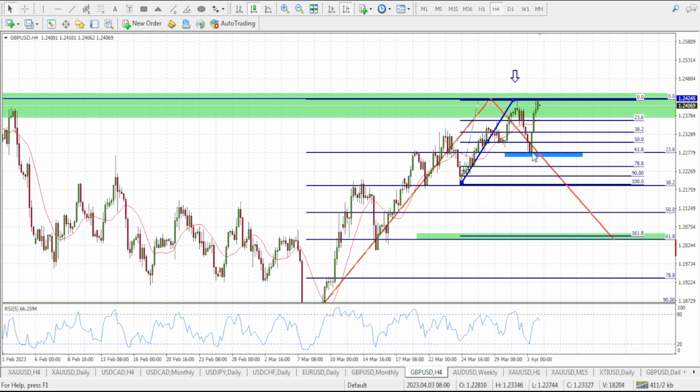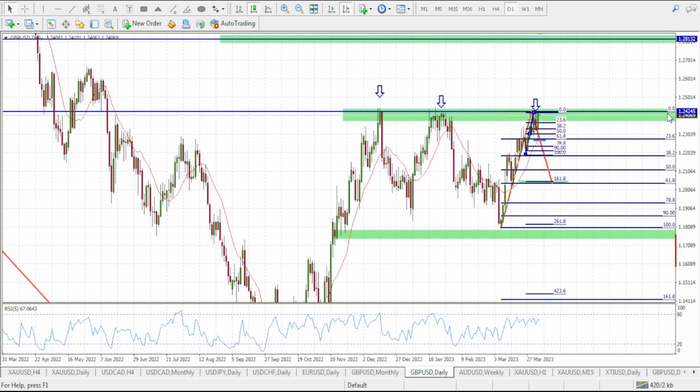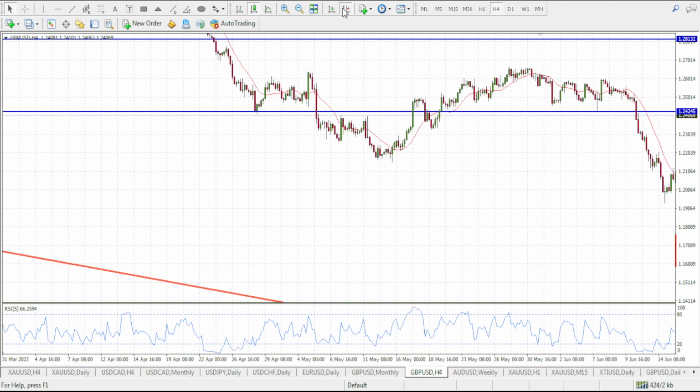pound dollar, obviously 1.22779. Those Fibonacci traders who took this trade will be happy, 153 pips, right? So yesterday I discussed the market just till the daily time frame, and I said that I will cover the rest of the time frames.